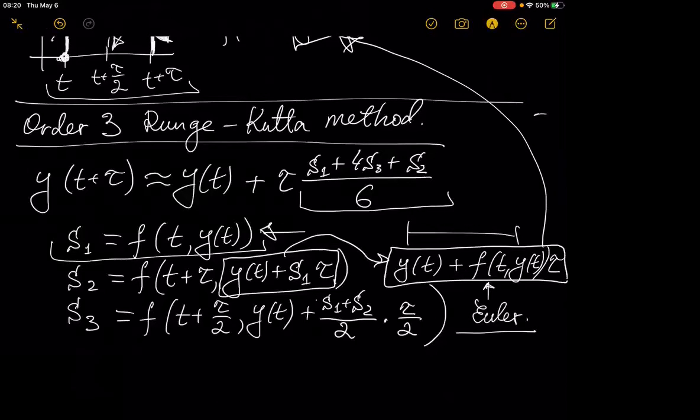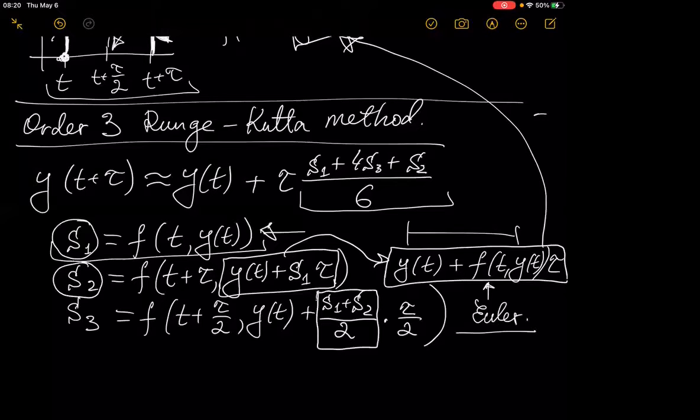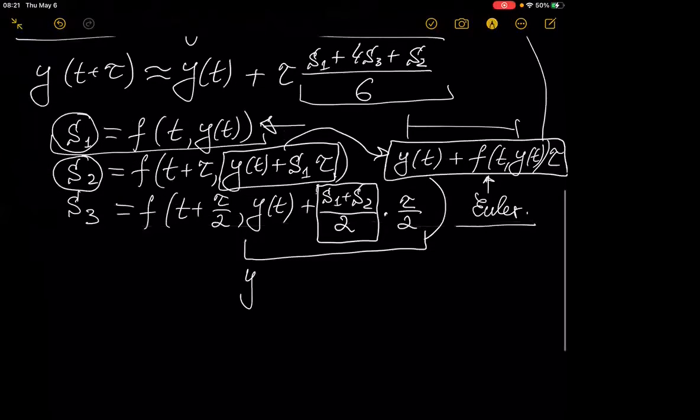You see, I decided to use the previous information, so I'm just taking the average of them. I could do the following: f at t, y at t, tau.